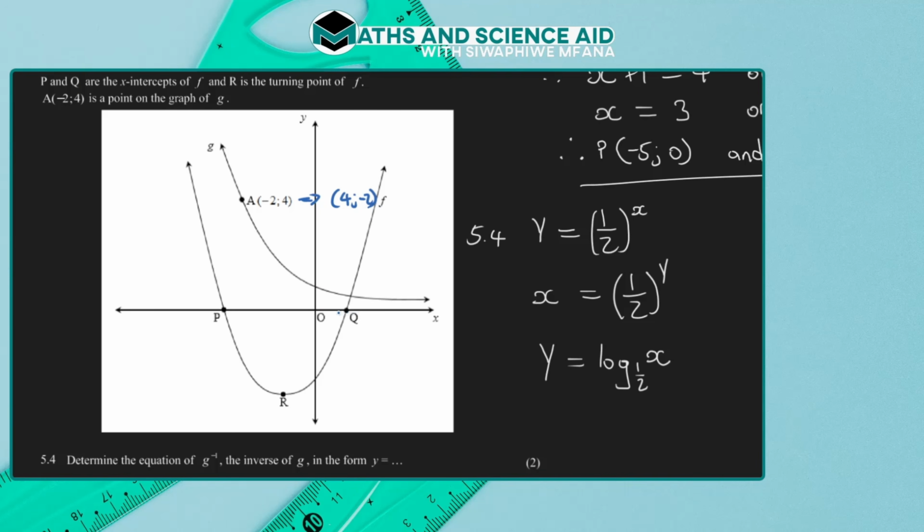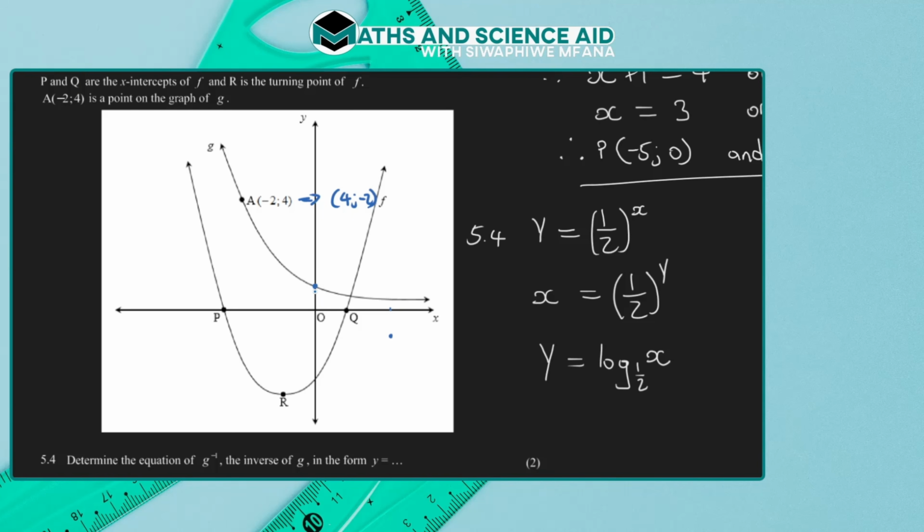The x value is +4, so maybe it's about here, while the y value is -2. So maybe we can show it here. We are just sketching. So this is a point that we certainly should have in our inverse function. And in addition to that, we also have another point, this one.